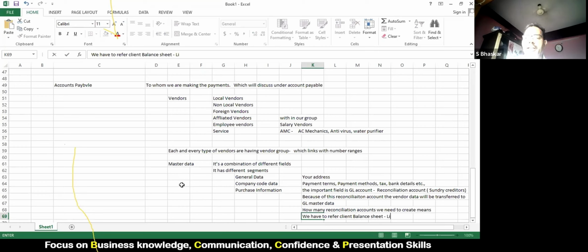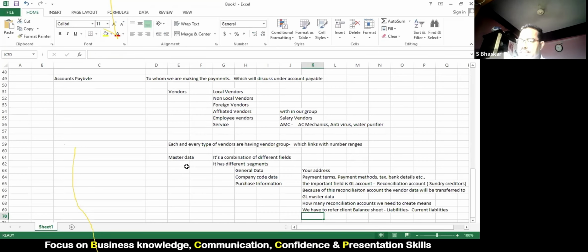Under the balance sheet, you have liabilities. Under liabilities, you have current liabilities. If you understand how many different kinds of sundry creditors they created, you have to ask that. Based on that, you have to create these numbers.